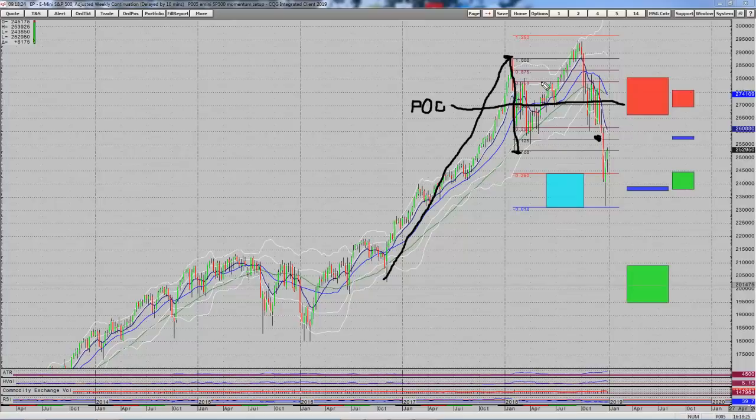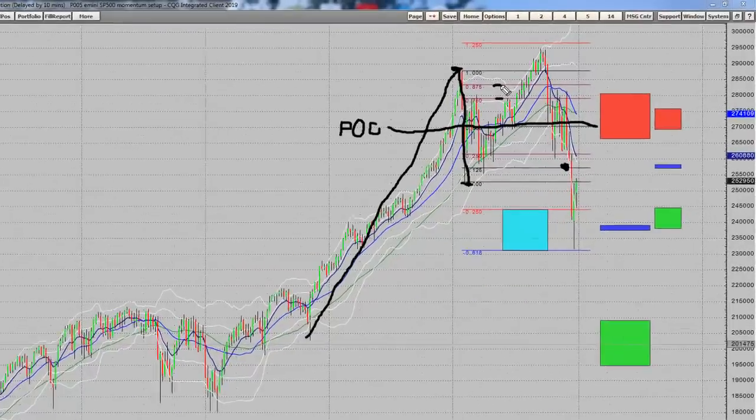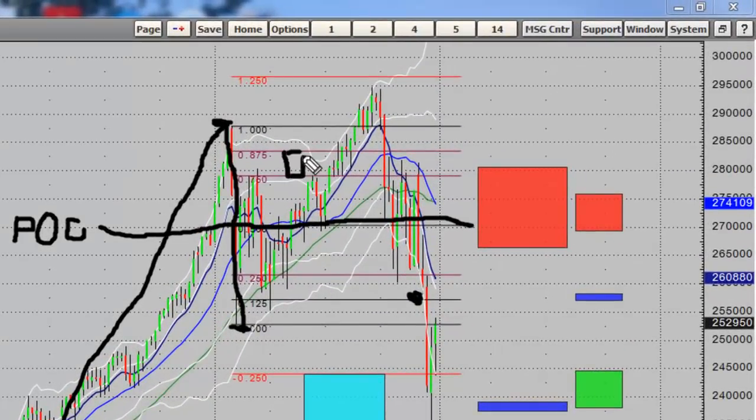I also look at the buy and sell zones within that area. So we have the, well, I'd call that 75 to 87.5%, and the 12.5 to 25%. So that is that area, and I call that the buy zone, and that's the sell zone within that range.